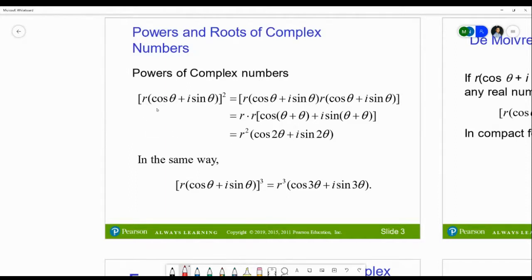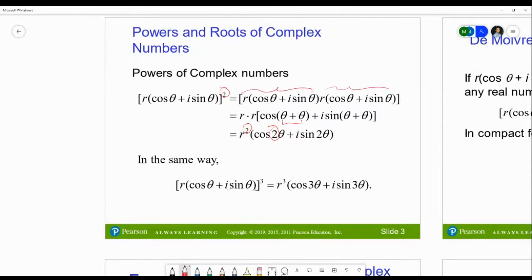But since here we are taking a power, essentially they are the same r and the same angle. So here we see a formula for r cosine theta plus i sine theta squared. So this is the second power. You can see here that we raise r to the second, and this is also 2 theta, because we are multiplying two complex numbers, but they are essentially the same complex number.